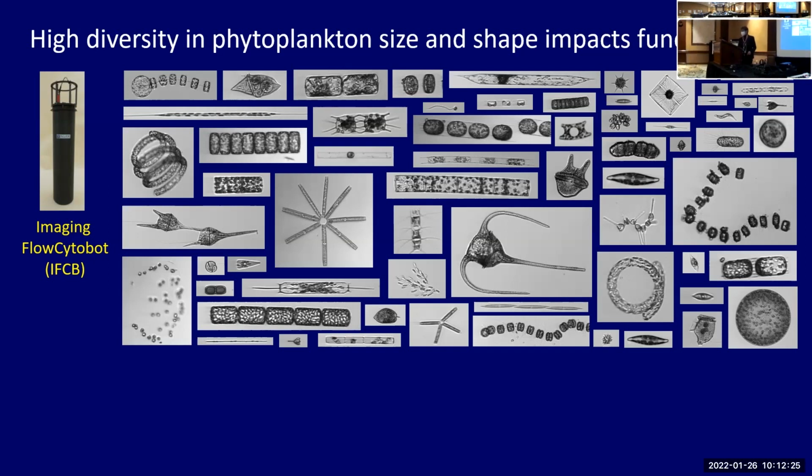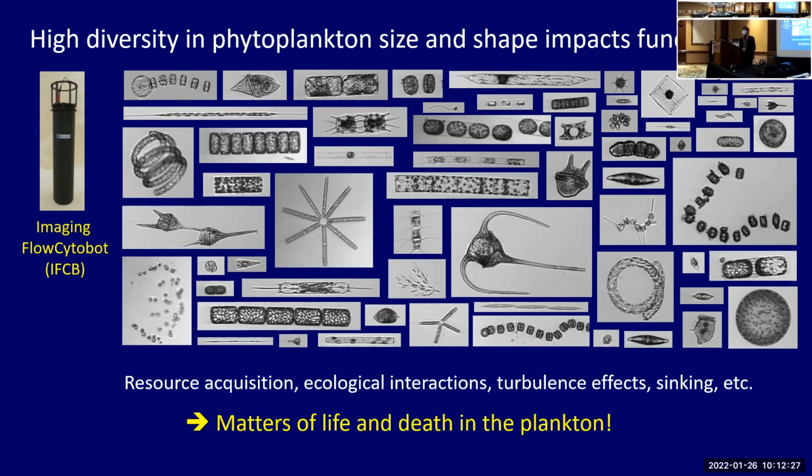And this diversity in shape and size, as we know, has huge impacts on their function, everything from absorption of light to acquisition of nutrients to interactions with grazers, encounter rates with parasites, interactions with flow fields, et cetera.